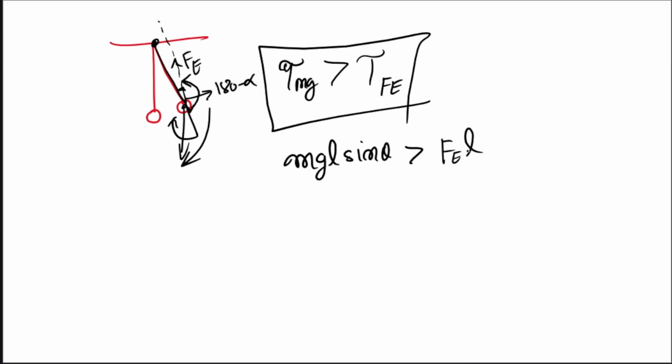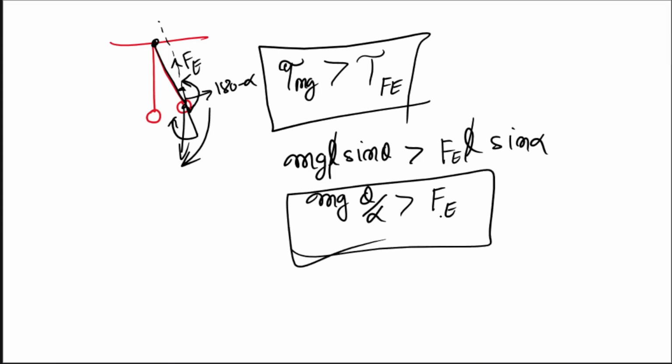So Fe l sine alpha. Now from here, L will get cancelled, and you will be writing mg theta by alpha is greater than Fe. Again you are getting the same thing, so it is almost the same. Then again you can put the values and get the answer.